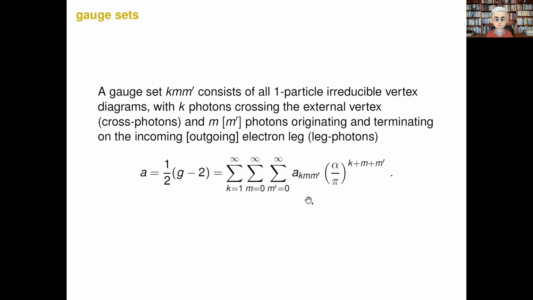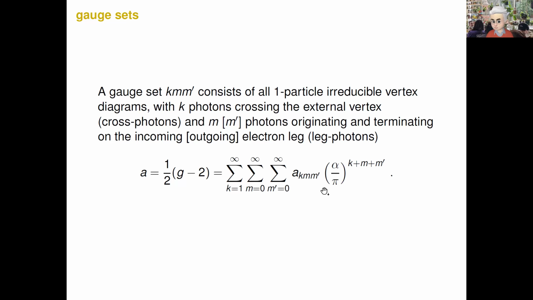K is the number of photons that cross the external vertex in the 3-vertex diagram, electron moving in a constant magnetic field. And M and M prime are photons that start and end on the in leg or out leg, totally trivial thing.